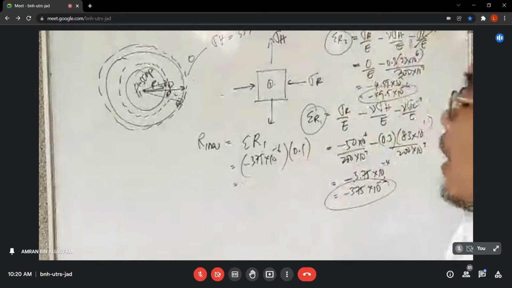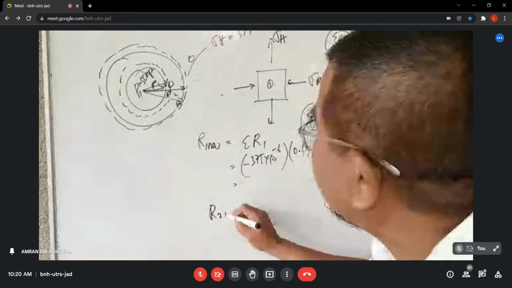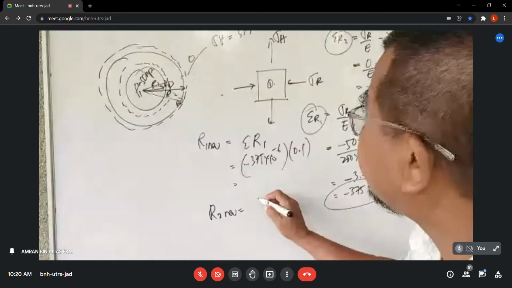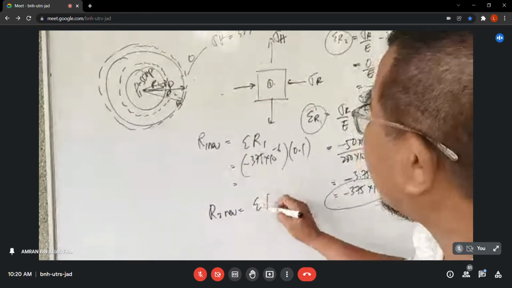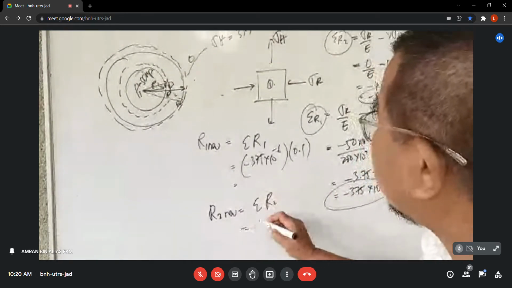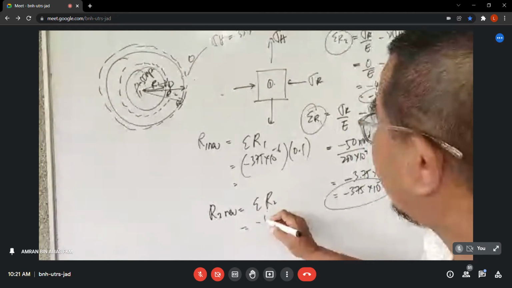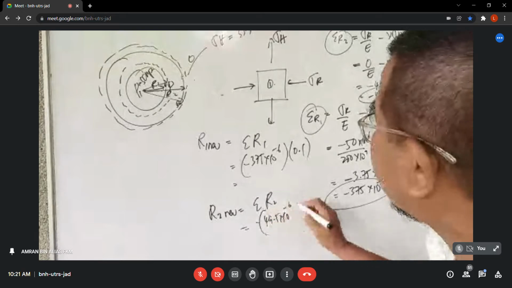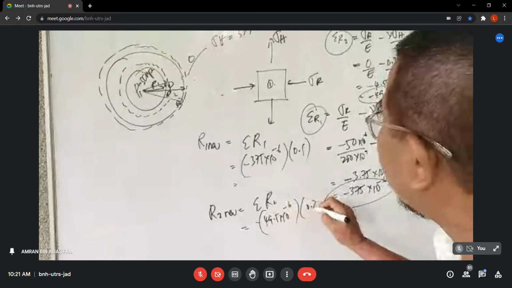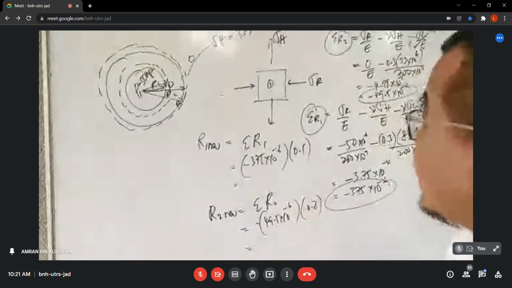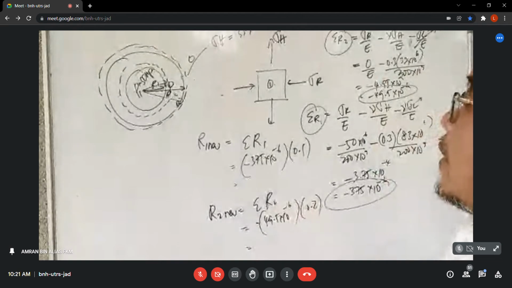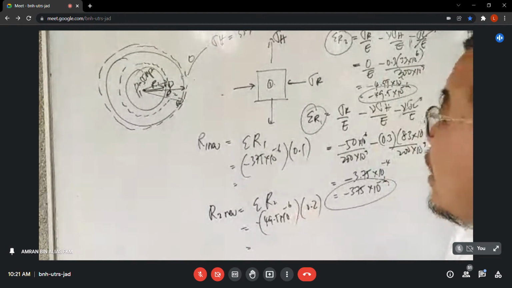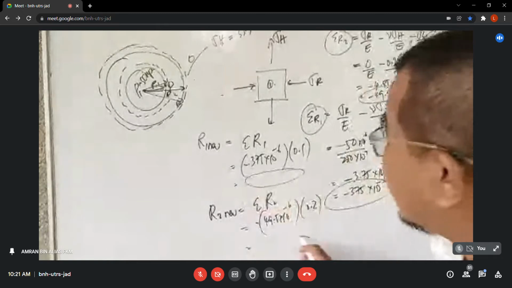That's delta R1. And delta R2 is equal to strain times R2. So this is minus 49.5 times 10 to the power minus 6 times 0.2.